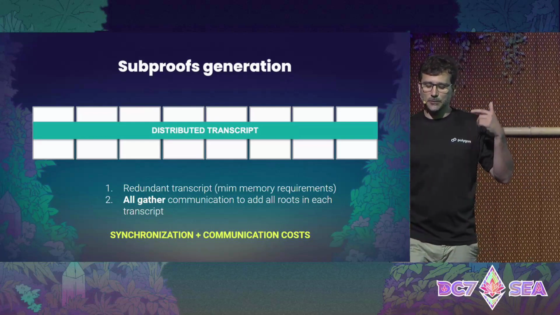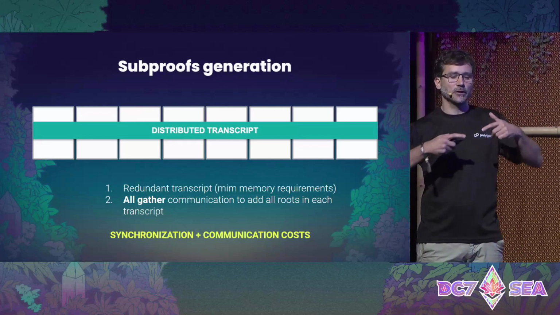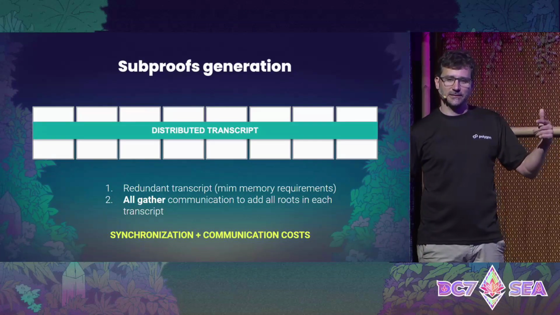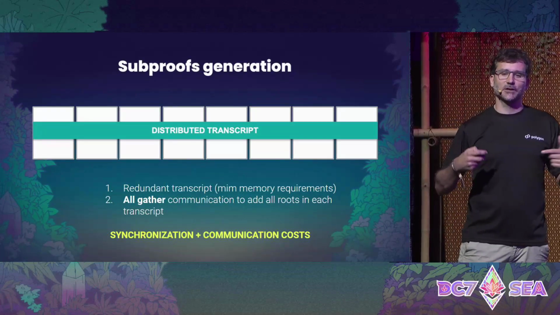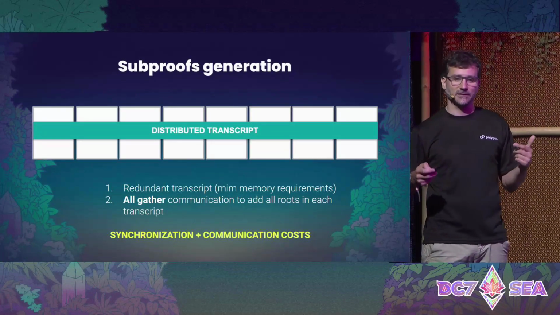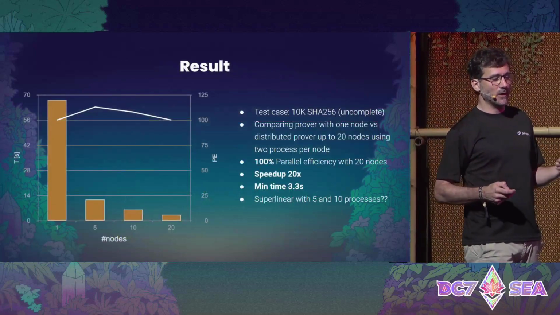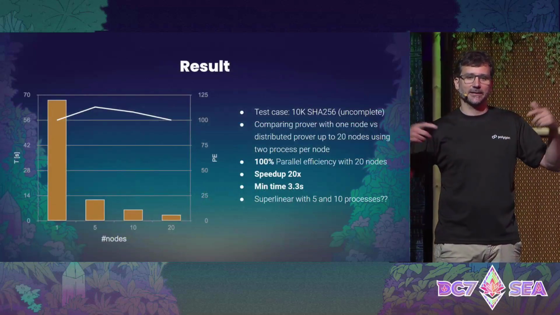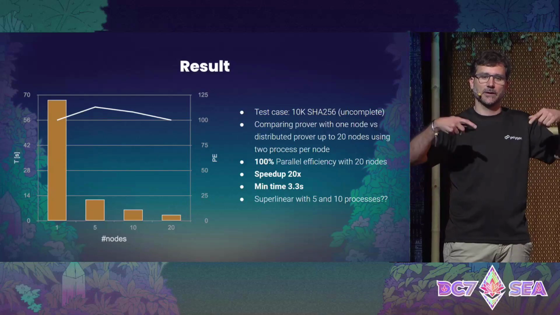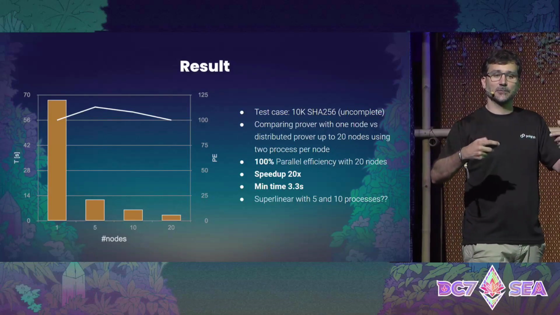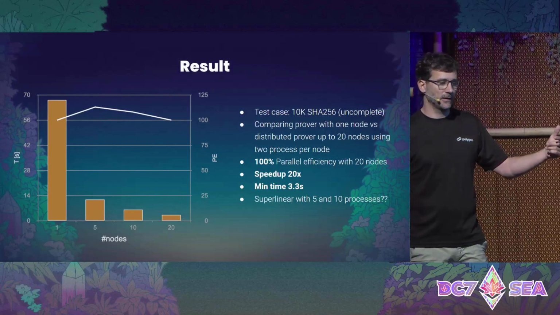This means that this object to get the randomness for the next stage is shared between all the instances. And this poses some synchronization between the execution of all these instances. What we do is a communication stage where we share the roots that we have to put into the transcript, and then we get the same randomness in each of the proofs.